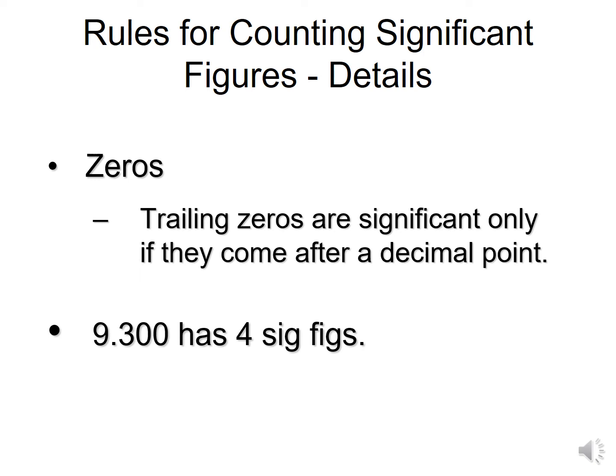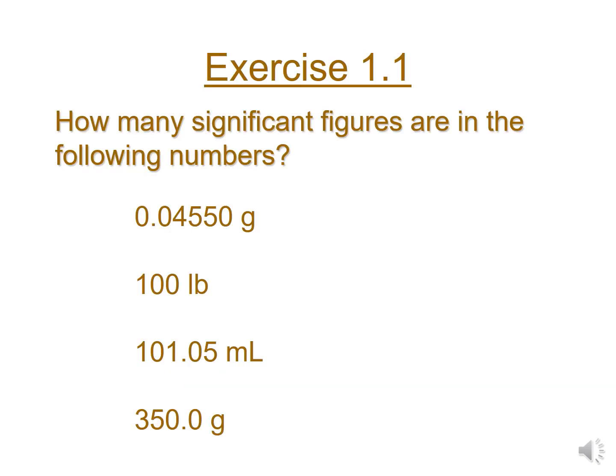So let's look now at an exercise to see if we can apply the rules. How many significant figures are in the following numbers? Well, the answers are not difficult. All you have to do is recall the rules that we've just learned.